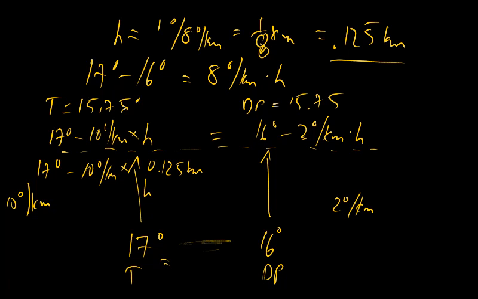So then we have another half a kilometer to go, and we're going to cool at the saturated rate. Excuse me, let me clear this out. Again, 17 degrees, 16 degrees for temperature and dew point.